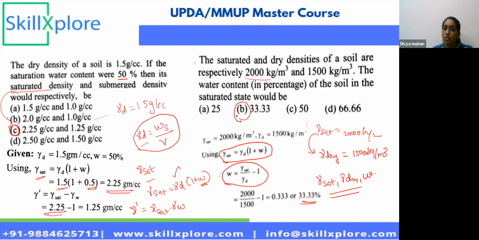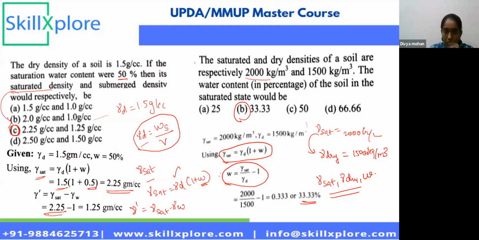This is how we have to solve a geotechnical problem. We have to assess what conditions they have given in the problem and what parameters they are asking for. We first categorize those things, and then analyze what formulas are related to them.